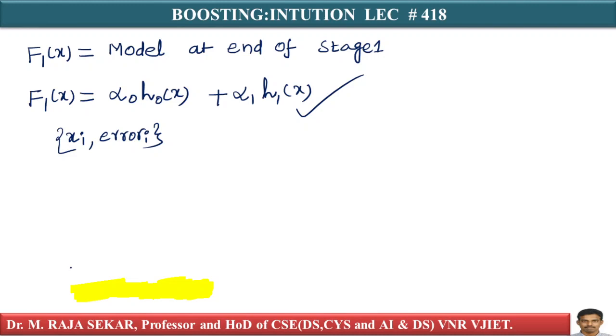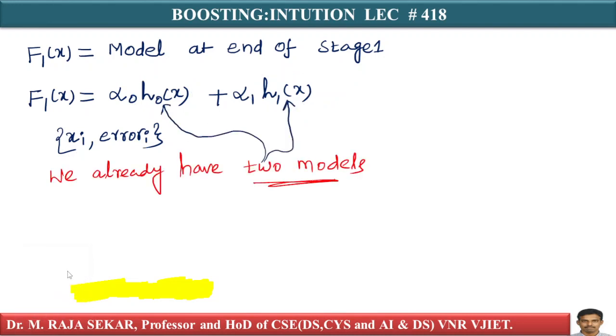Now I will go to stage 2, and again I will compute error i, isn't it? I already have two models. What are the two models? The first model is h naught of x and the second model is h1 of x. These are the two models, isn't it?